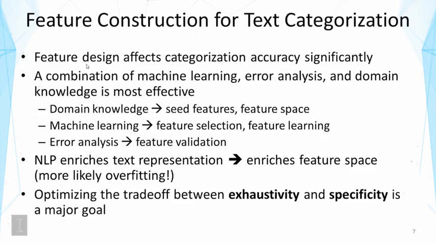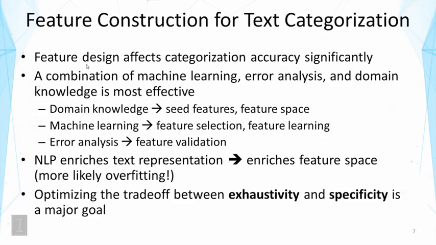And machine learning can be applied to select the most effective features or construct new features. That's feature learning. And these features can then be further analyzed by humans through error analysis. You can look at the categorization errors and then further analyze what features can help you recover from those errors, or what features cause overfitting and cause those errors. And so this can lead to feature validation that would revise the feature set. And then you can iterate and we might consider using a different feature space.